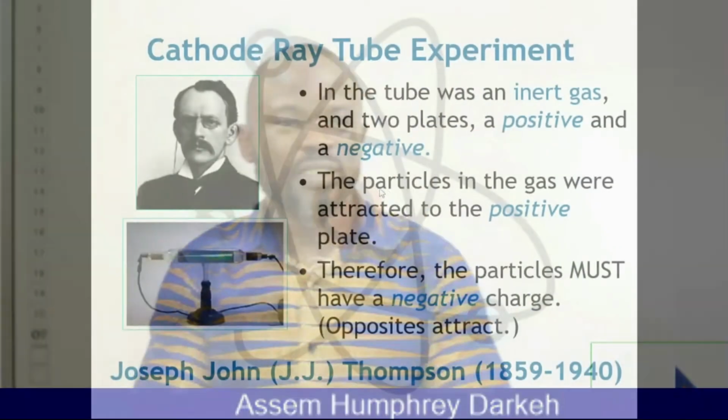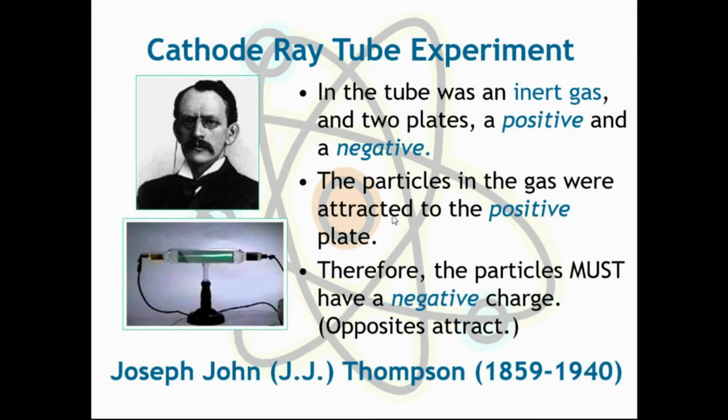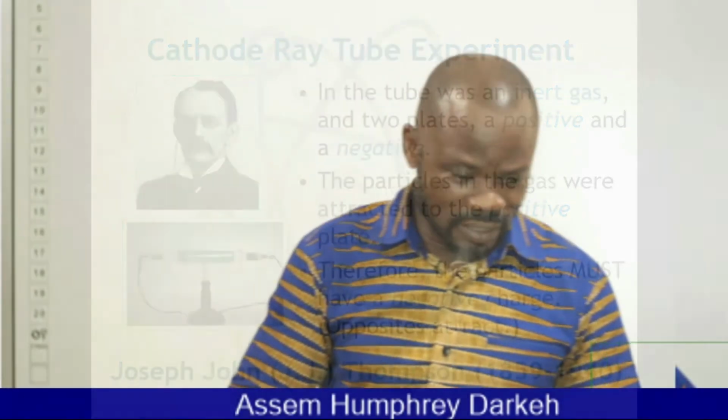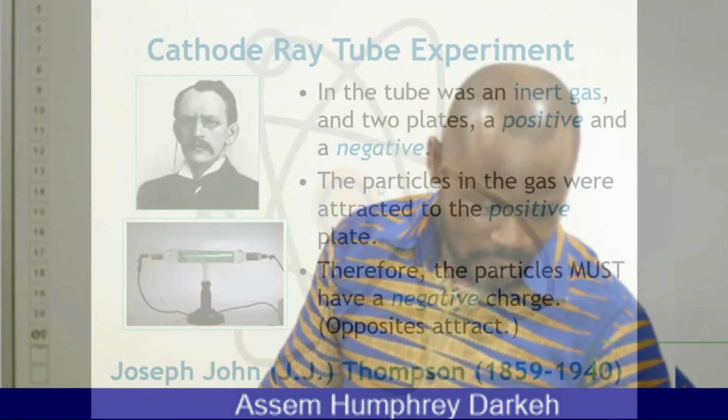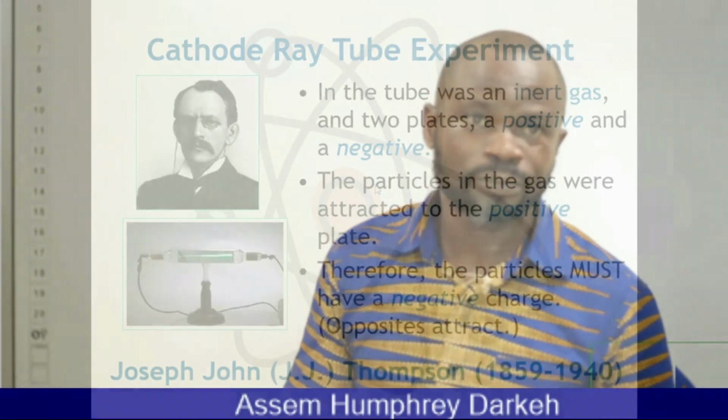In your shot is the cathode ray tube. This is common when you open the old televisions. You see a certain tube behind it, and that is what we refer to as the cathode ray tube. The advanced ones are used today, but that is what he used.